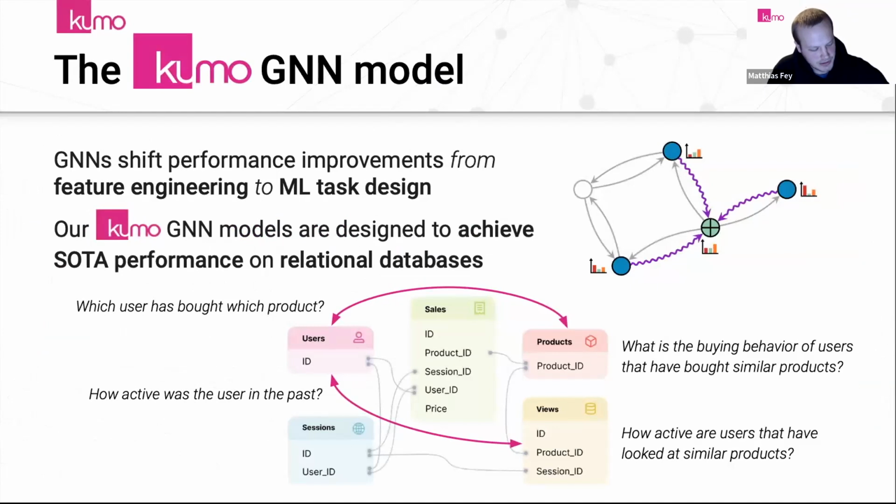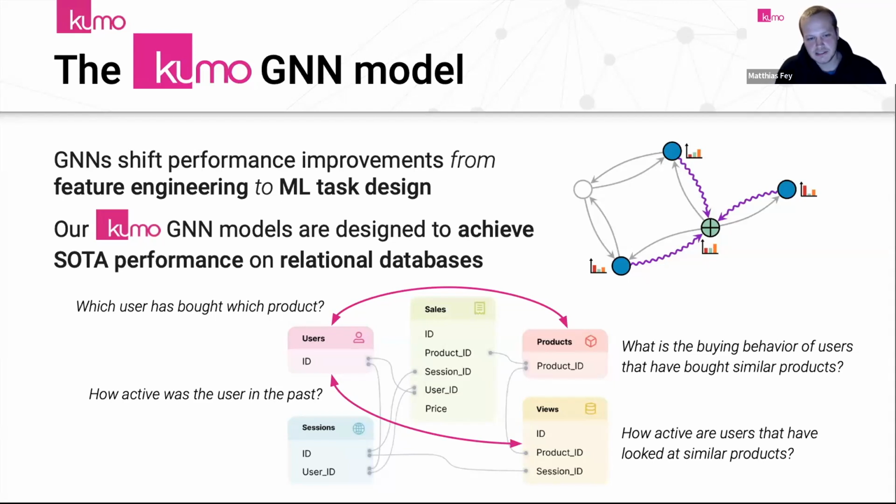Next, I want to quickly talk about how we designed our GNN model to achieve stellar performance on relational databases. It's important to note that GNNs shift the performance improvements from feature engineering to how we design the task and how we design the model. So we're not really doing feature engineering here, but instead we're finding better models that are more applicable to work on relational databases.